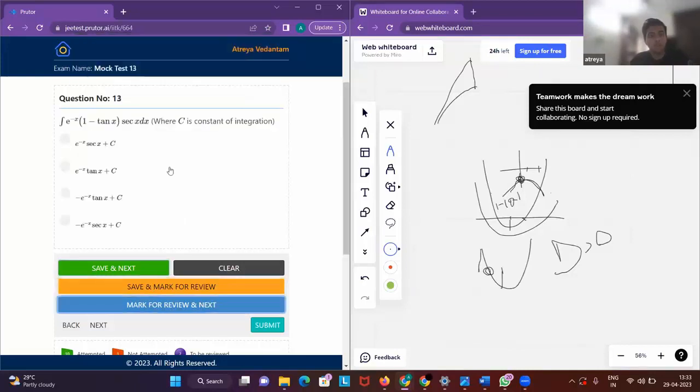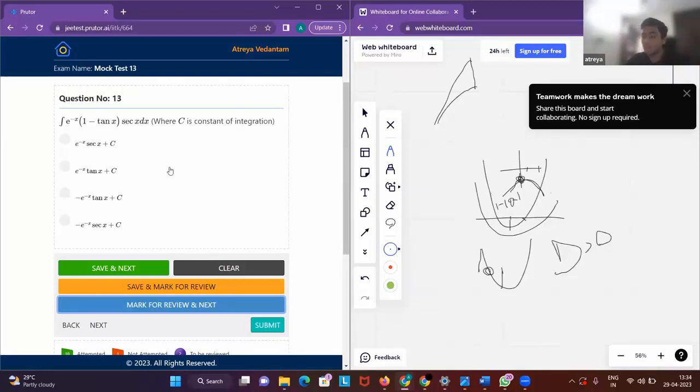Okay, this question is again pretty simple. It's a very straightforward property. If you want to integrate e power x times (f of x plus f dash of x), the integral is e power x times f of x. The way you do this is using the product rule. Except here you have e power minus x, so there's a slight modification of that property.